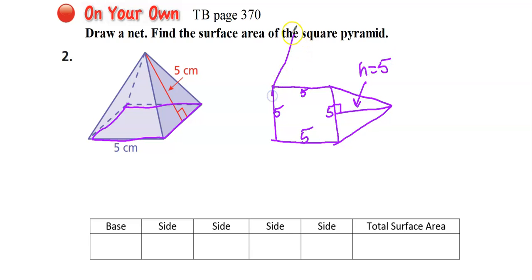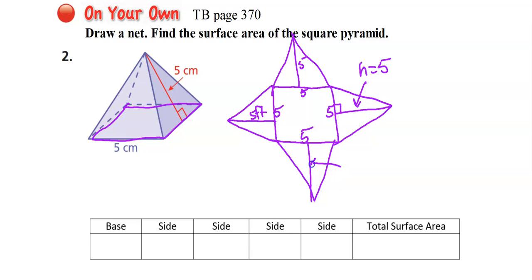So I'm going to try to draw each of these with a height of 5. Oops, that one was a little bit short. And then the last one, height equals 5.